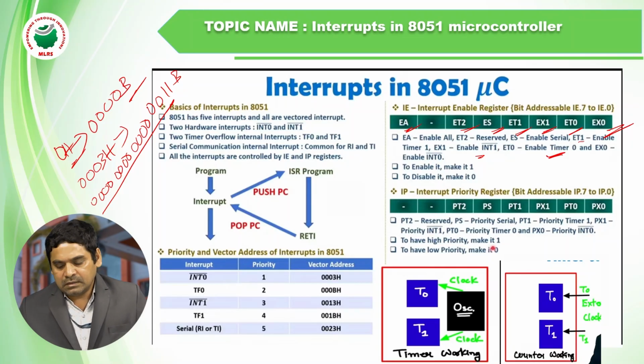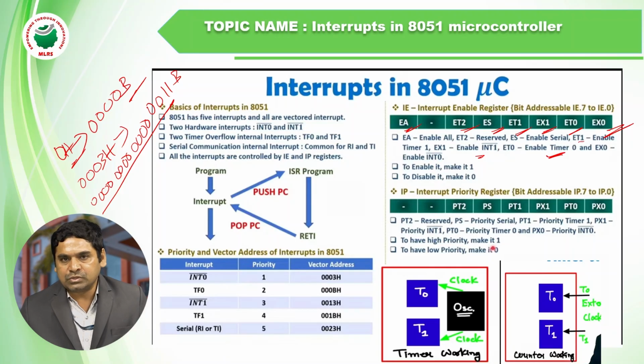How is the interrupt enable register activated? When you enable the IE register, you make the bit 1, and then all bits are enabled. To disable it, make EA 0.